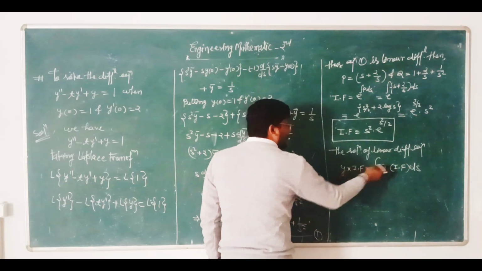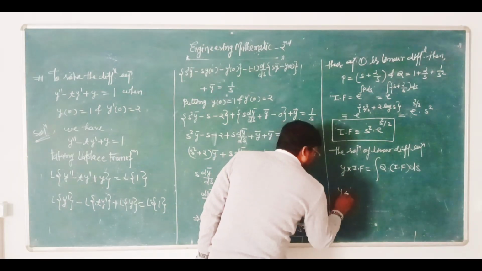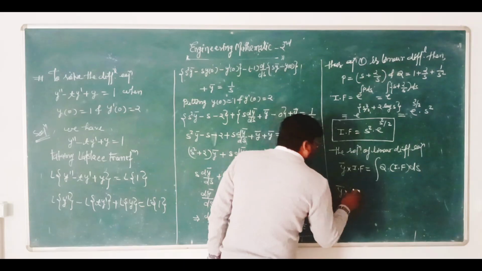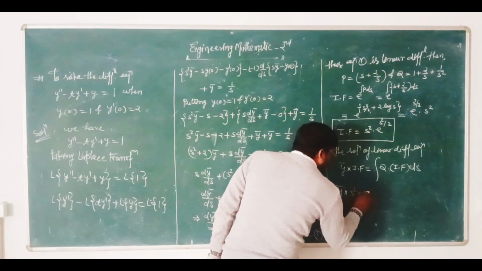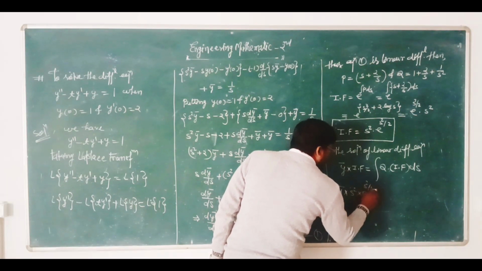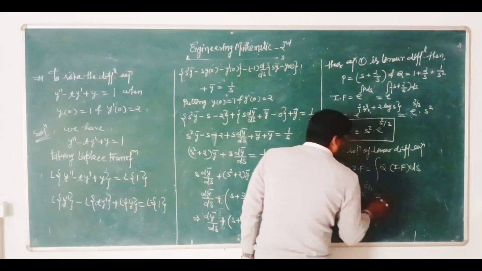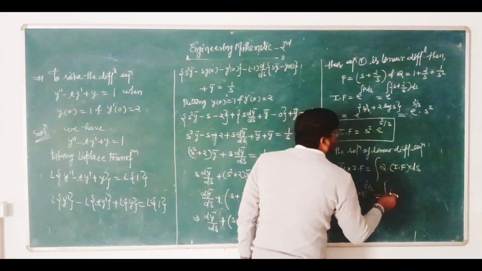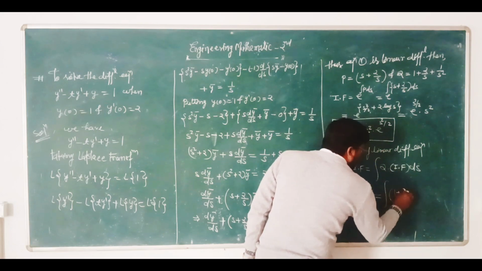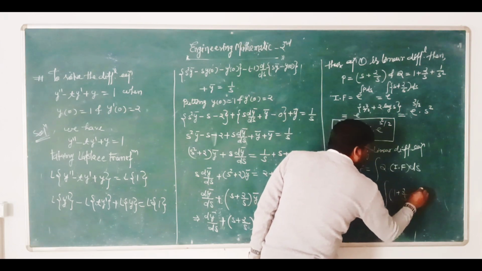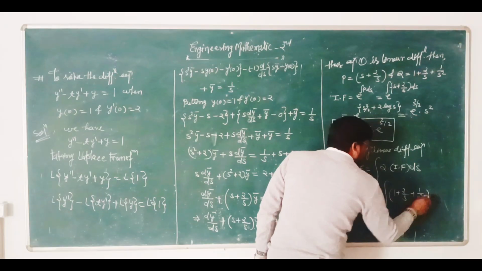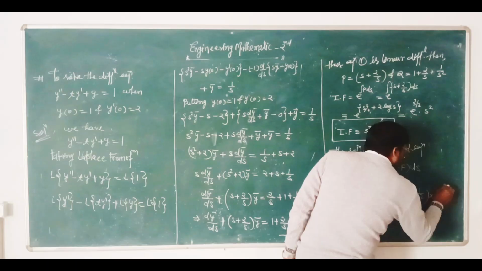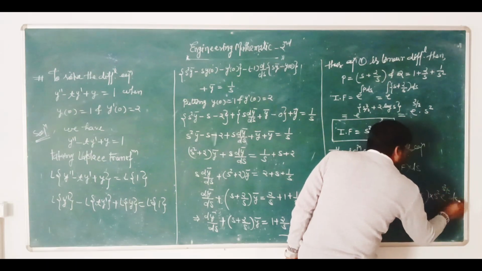Now put in all the values: y bar into s square e to the power s square by 2 is equal to integration of q, that is 1 plus 2 upon s plus 1 by s square, into IF, that is s square e to the power s square by 2, into ds.